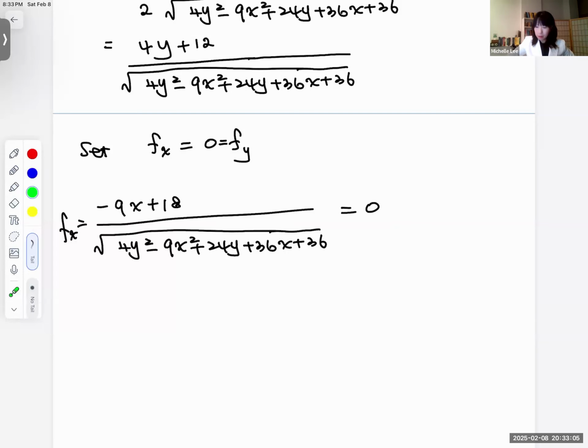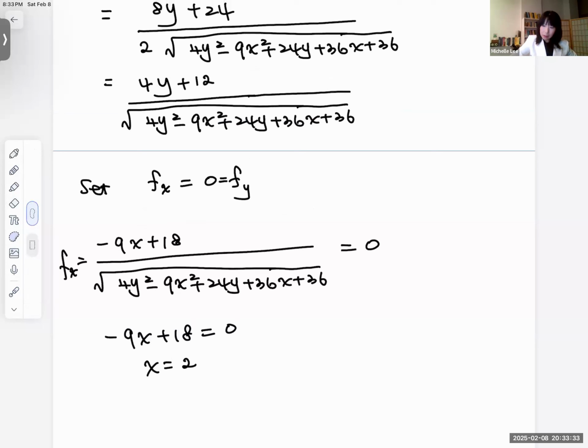So we can think about over 1, multiply this way, then negative 9x plus 18 equal to 0, right? All right, then it's easy to find the x value, right? So what do you get? X equal to 2.